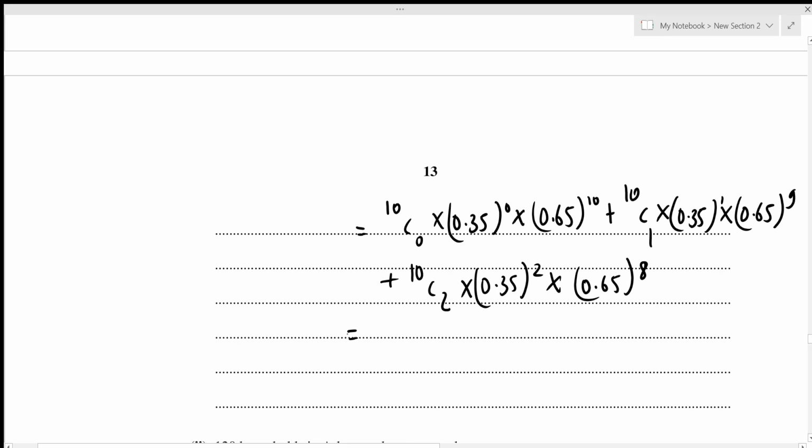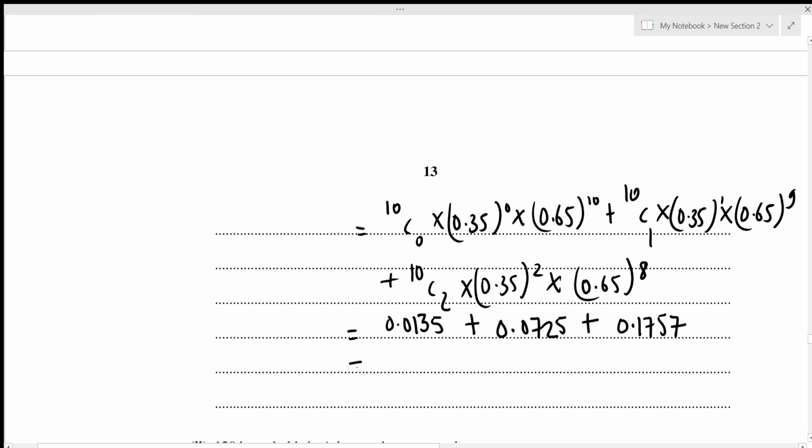Alright. I'm going to write it to 4 decimal places. So 10C0 into 0.35 to the power 0 into 0.65 to the power 10 is going to be 0.0135, plus 10C1 into 0.35 to the power 1 into 0.65 to the power 9 is going to be 0.0725, plus 10C2 into 0.35 squared into 0.65 to the power 8 is going to be 0.1757.